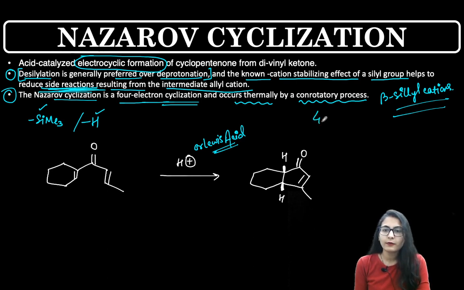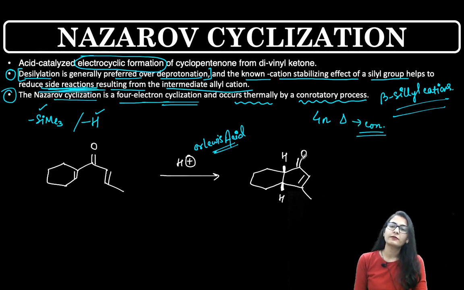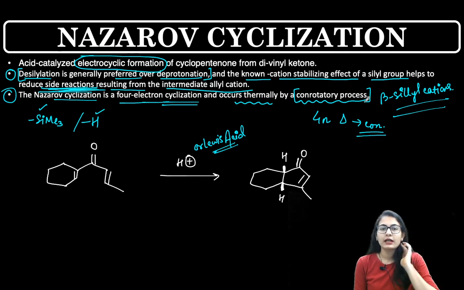So when 4 electrons are involved, and when the reaction is carried out under thermal conditions, 4n thermal goes to conrotatory. You know this by the Woodward-Hoffmann rule, isn't it? Yes. So we are going to see what is the stereochemistry of the groups after a conrotatory process. So let's talk about all of these points one by one.